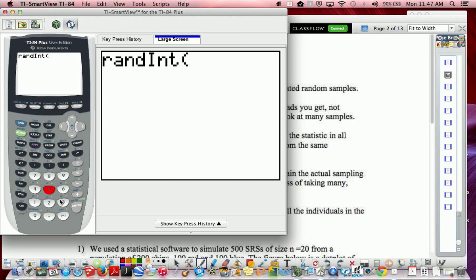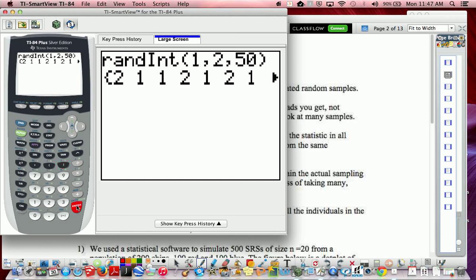So I'm going to enter 1, 2, 50. Now I hit enter, and it simulates tossing a coin 50 times if I let a 2 represent a tails and a 1 represent a heads.